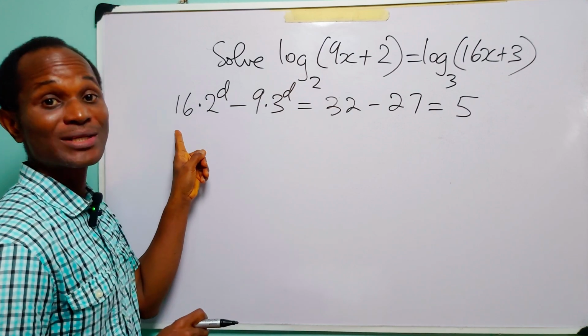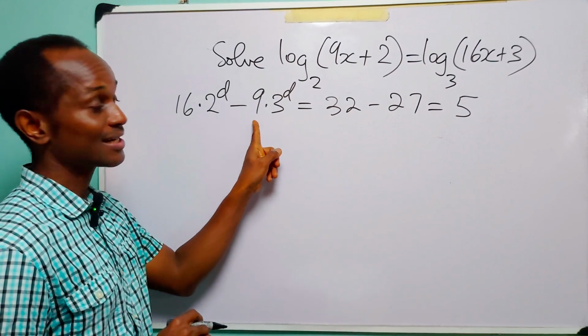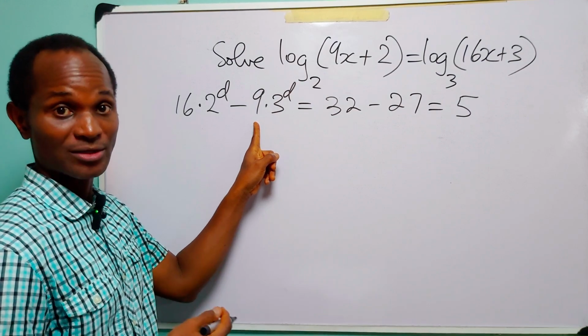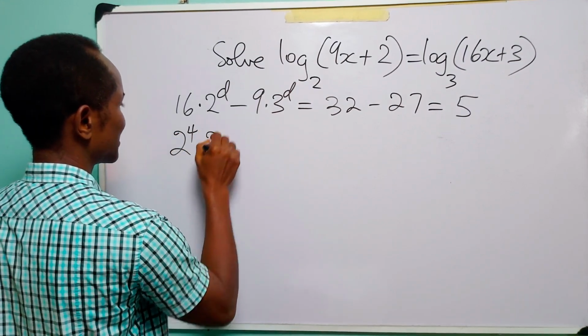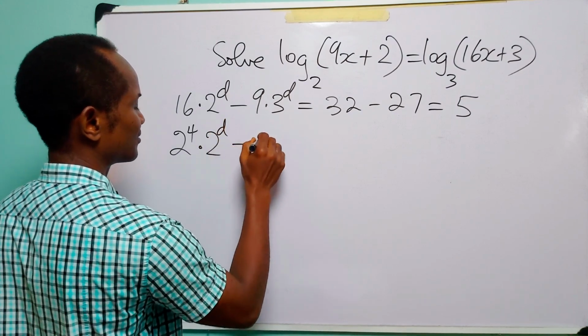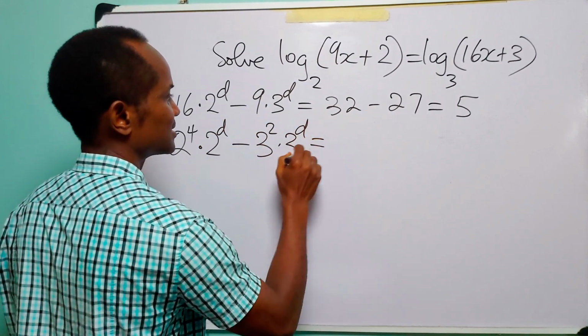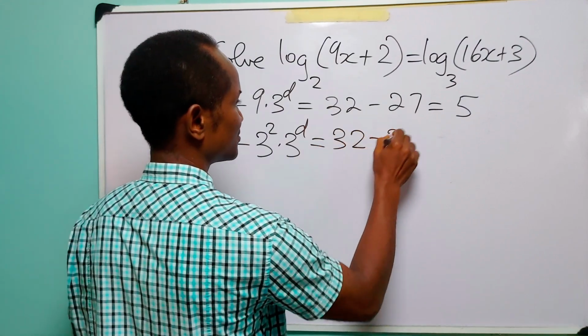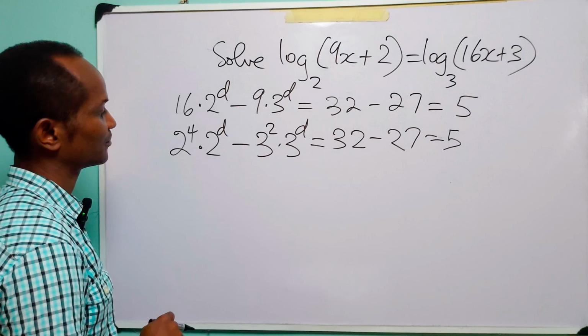Now let us remember that we can express 16 as 2 to the power 4, and we can express 9 as 3 to the power 2. So here we have 2 to the power 4 multiplied by 2 to the power d minus 3 squared multiplied by 3 to the power d is equal to 32 minus 27, which is equal to 5.